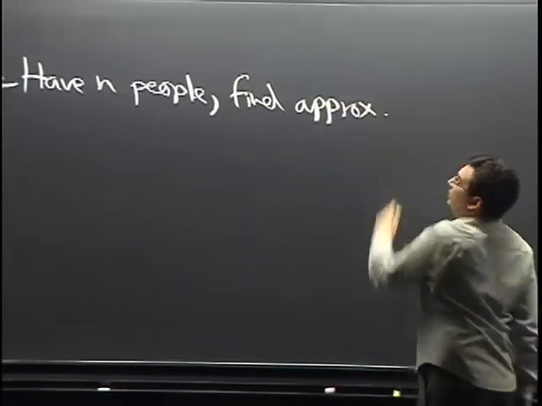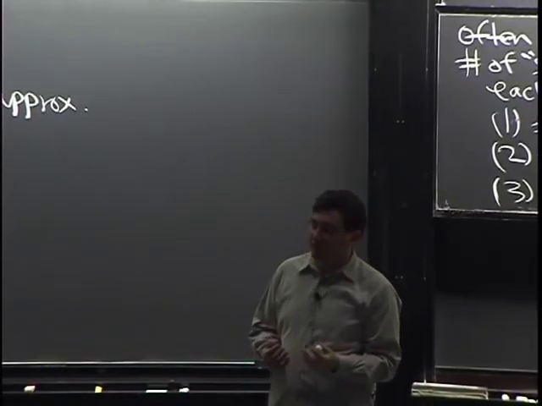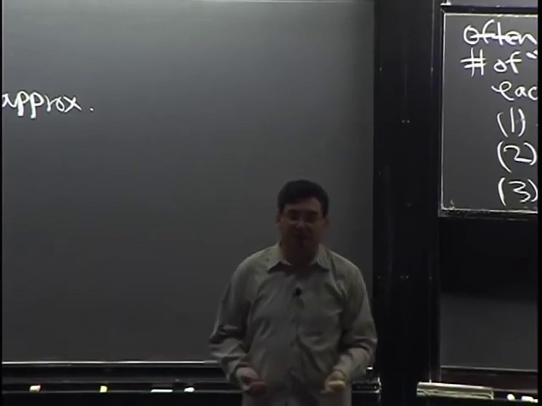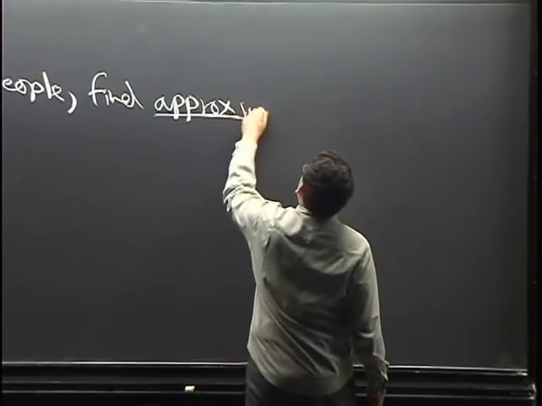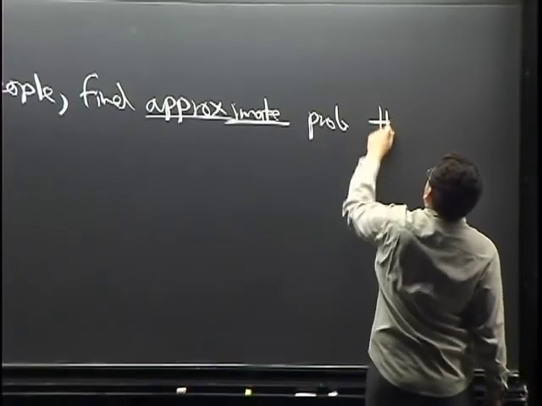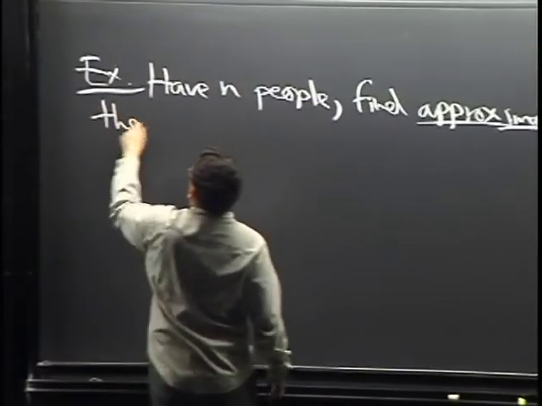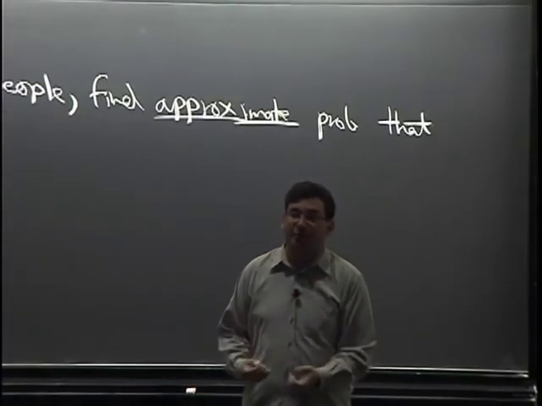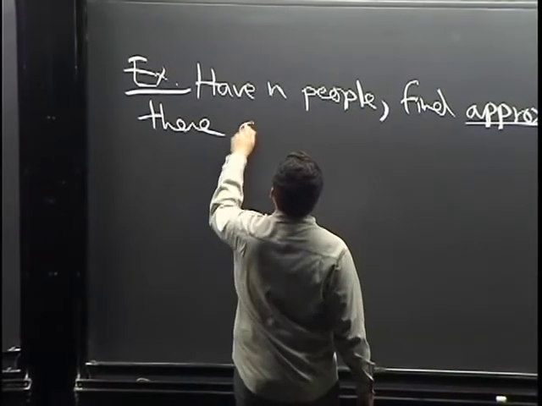In general, in this course, assume that every answer you give needs to be exact unless I say, give an approximation. In this case, I'm saying find an approximation. Find the approximate probability that there are 3 people. That is, maybe there's more than 3, maybe there's 4 people who all have the same birthday, but you can find some group of 3 people who all have the same birthday. Okay, that's the problem.